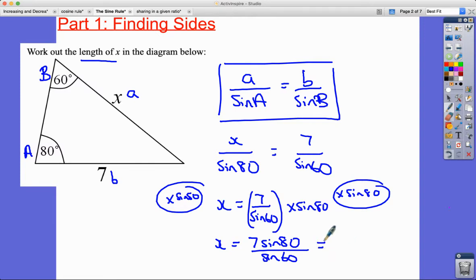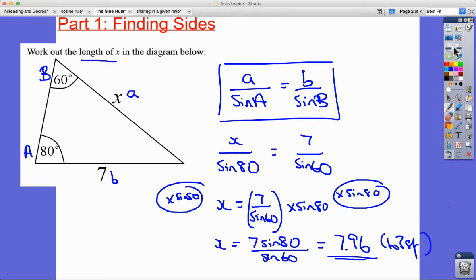If I put that into my calculator, being really careful that I'm in degrees, not radians, 7 sine 80 divided by sine 60 is equal to 7.96, which I can look at and think, yeah, looks quite sensible, doesn't look out of place there. It's not wildly different from the other sides that I know, or the 7 that I know. And there's no units, so I'll just leave it there.